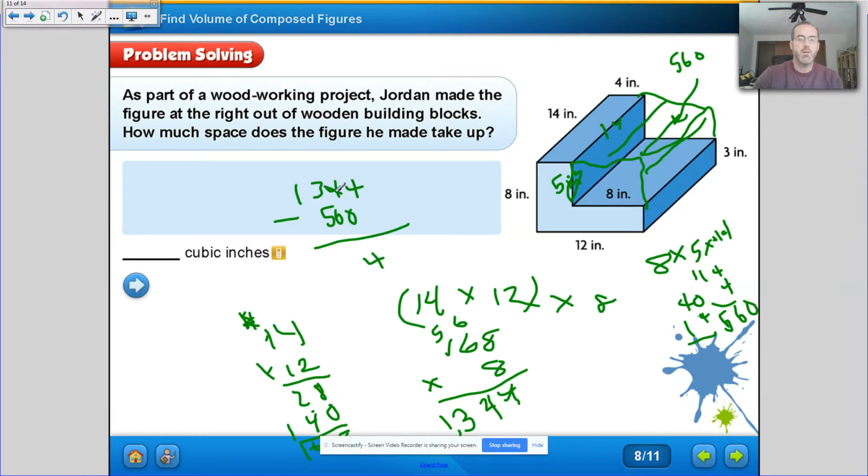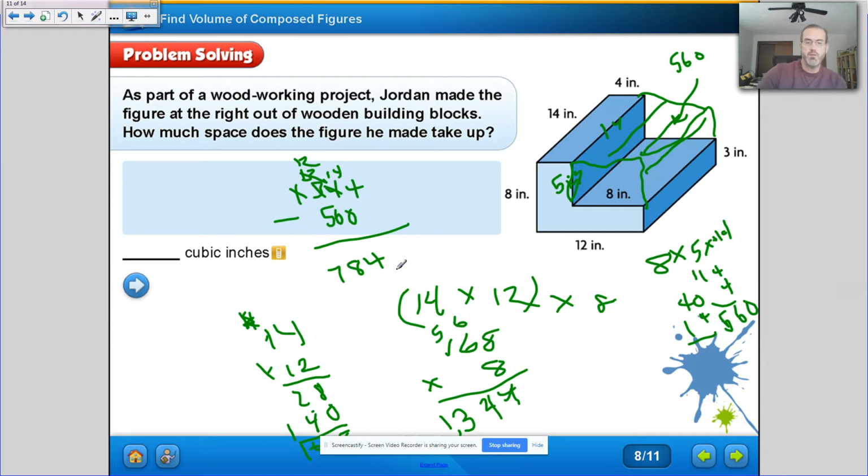Got to regroup here. Got to regroup here. Got to regroup here. This becomes 13. Becomes 12. This becomes 14. 8. Right? 14 minus 6 is 8. 12 minus 5 is 7. Right?